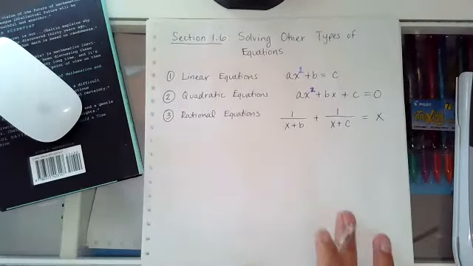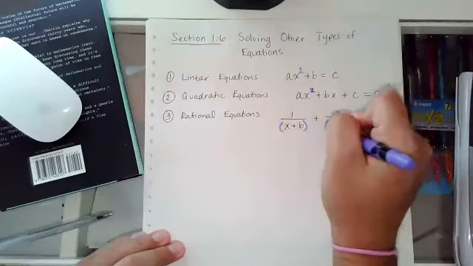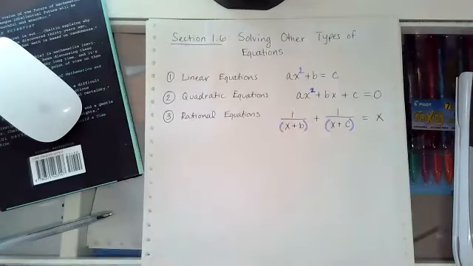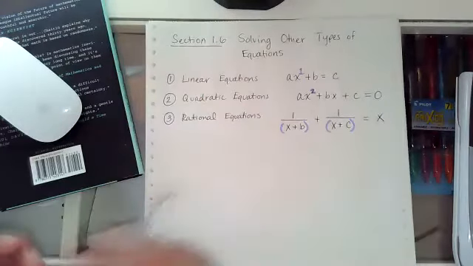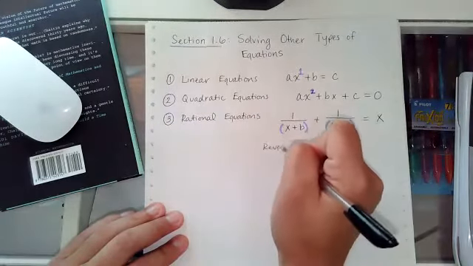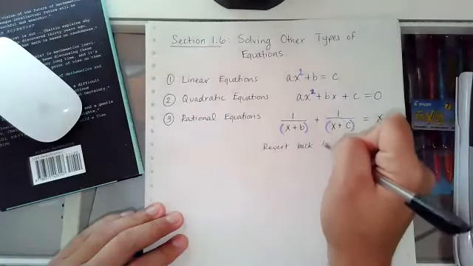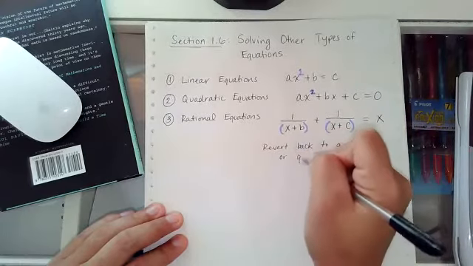You're focused on the denominators, because the trick was that we need to find the least common denominator for these algebraic fractions so that we can cancel out the denominators. Then we simplify the expression, and it turns back into either a quadratic or a linear equation. So these revert back to a linear or quadratic equation.